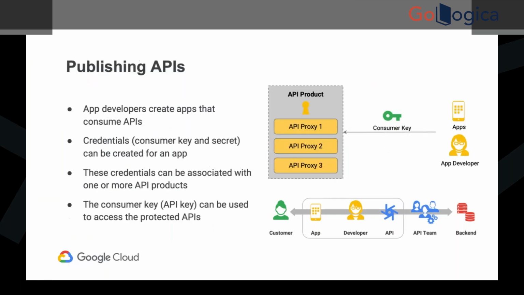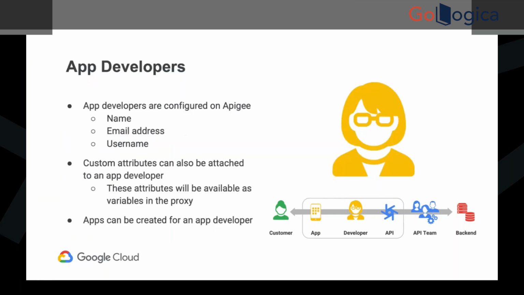Now, for any app developer or consumer, APG only asks for three pieces of information that are required: name, email, and username. These three are the ones which APG requires. If you want to store any other information, you have to create a custom attribute. So only these three fields are there as part of APG by default.